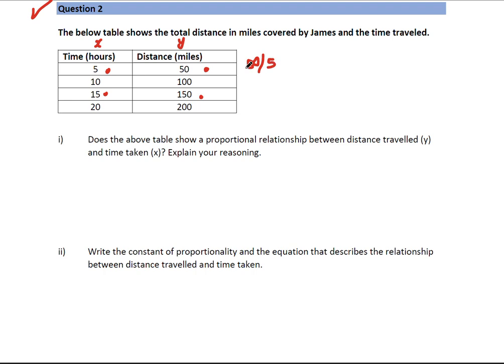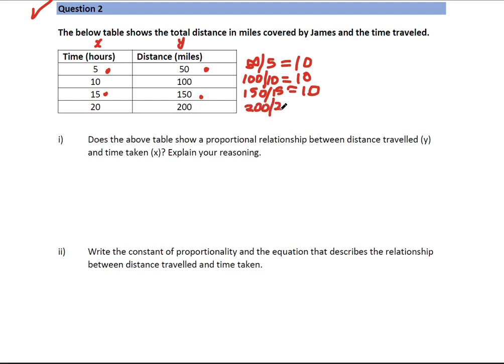So let's divide 50 distance by time 5, that gives us 10. And let's divide 100 distance by time 10, and that gives us 10. Looking good so far. Now let's divide 150 by 15, and that will also give us 10. And let's now divide 200 by 20.